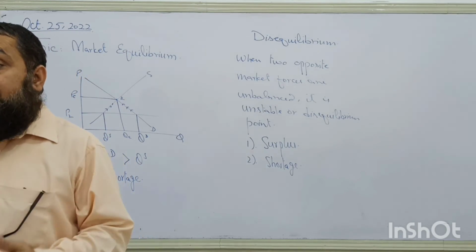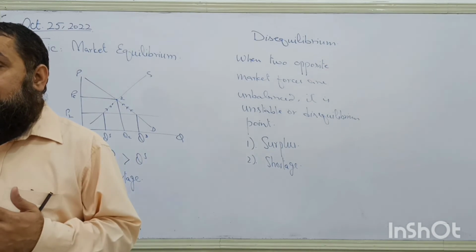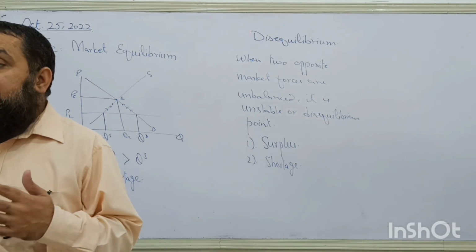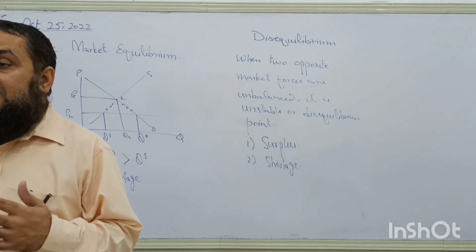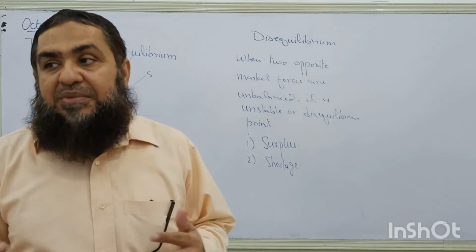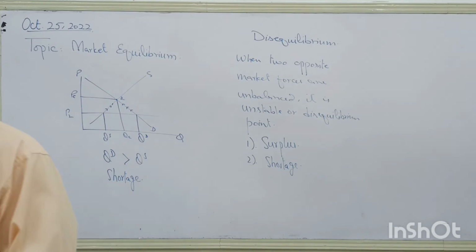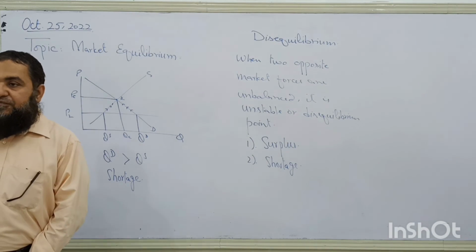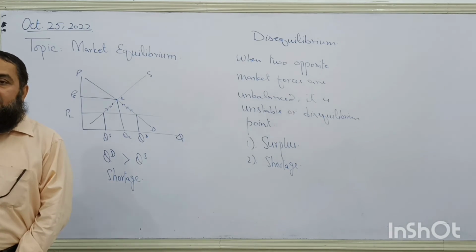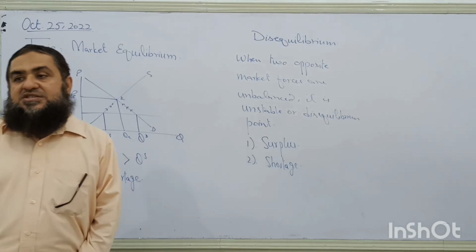And in case of shortage, the market price will be pushed upward. So at equilibrium there is neither surplus nor shortage. Whatever quantities are demanded by the consumers are supplied by the producers or sellers. So market equilibrium is a stable point where two opposite market forces of any product balance each other, and there is no tendency to change.